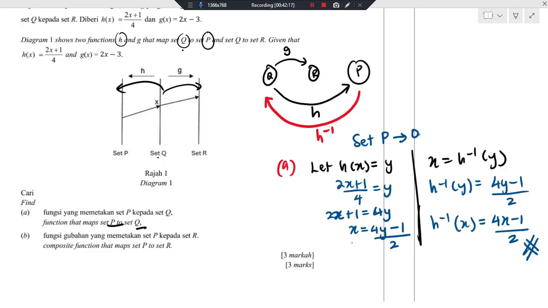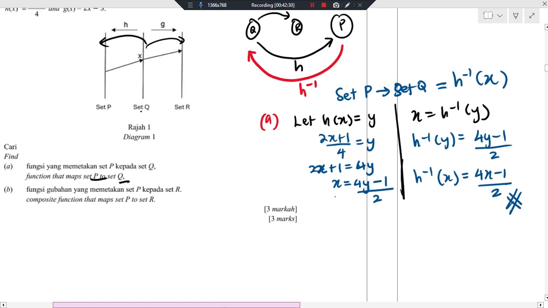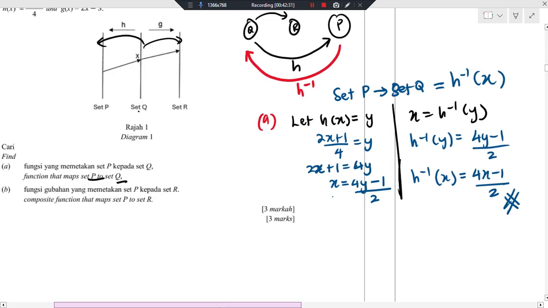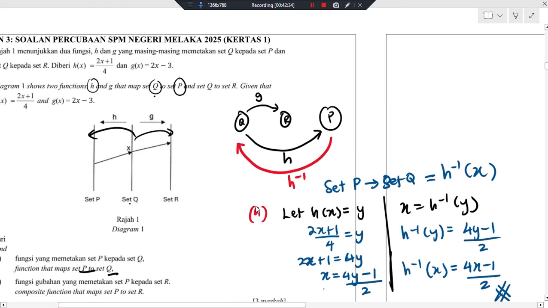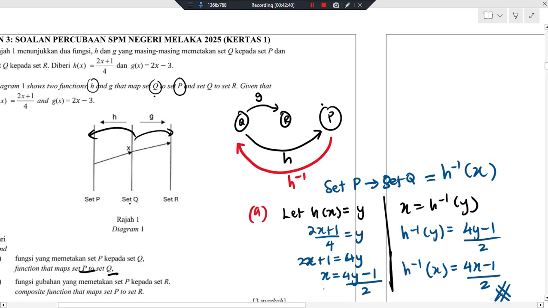Macam mana kita nak cari P to R? P to R maksudnya apa dia? Dekat sini. Oh my god. Okay. P to R. We don't know what is this, right? Is it G inverse?